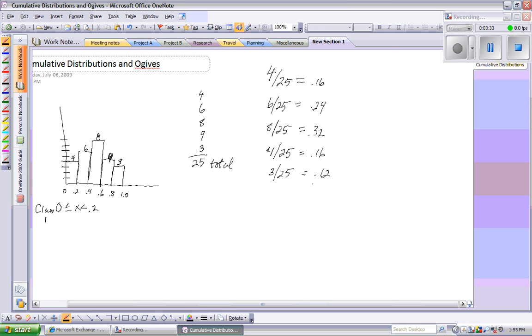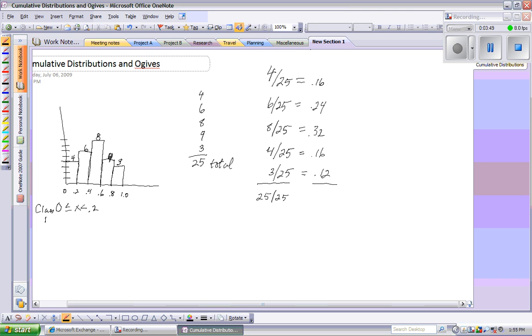And the check you want to do at the end to make sure that you are correct: obviously, all these numbers over here, 4 plus 6 plus 8 plus 4 plus 3 equals 25. And 25 out of 25 is 1 whole, 1.0.